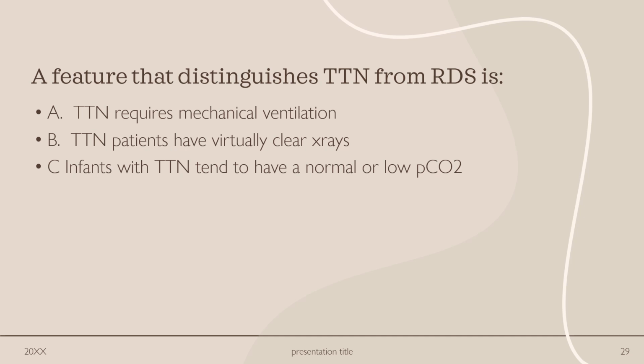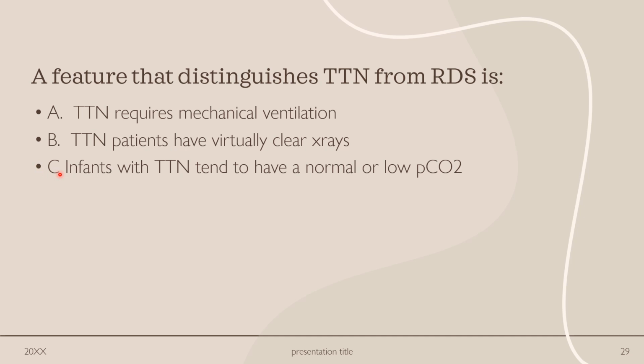And for this particular question, the answer is C. We took a look at a TTN x-ray. I think if you look back, or you can go back on the slides, that babies with TTN do not have a clear x-ray. They have that starburst pattern on their x-ray. And we also talked about the fact that these babies don't typically need very much.